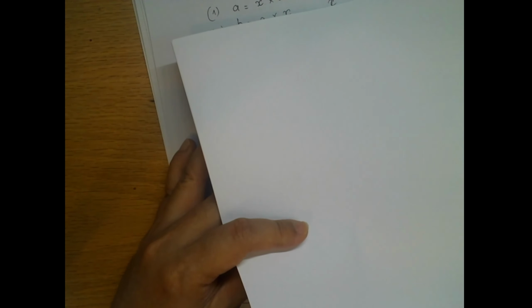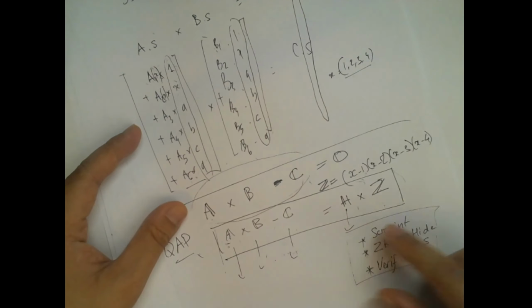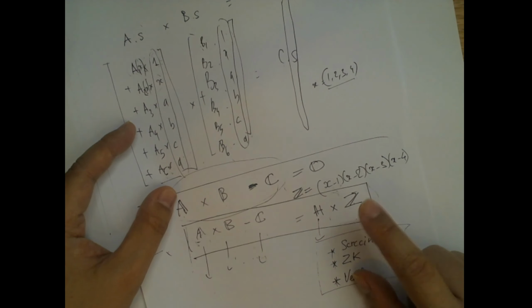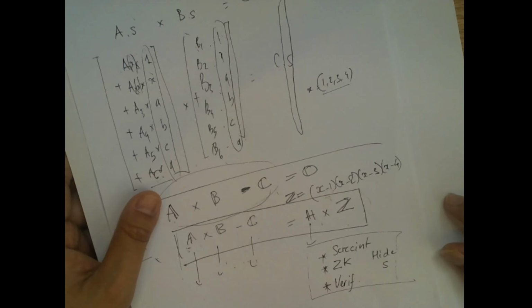So now we know that the challenge is about proving that you know a linear combination of these polynomials A1 to A6, B1 to B6, and C1 to C6, such that A times B minus C is equal to polynomial H multiplied by polynomial Z, where Z is this one, (x minus 1)(x minus 2)(x minus 3)(x minus 4).